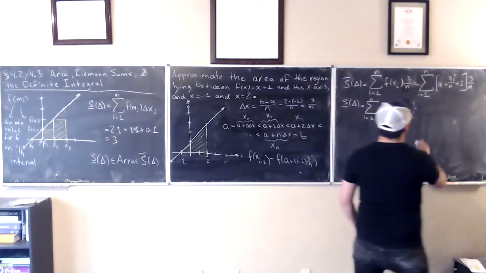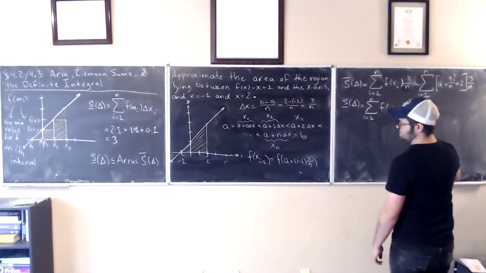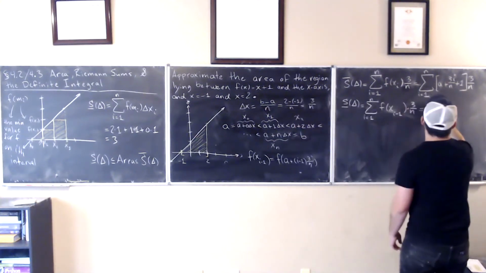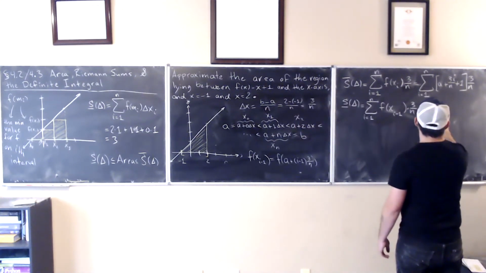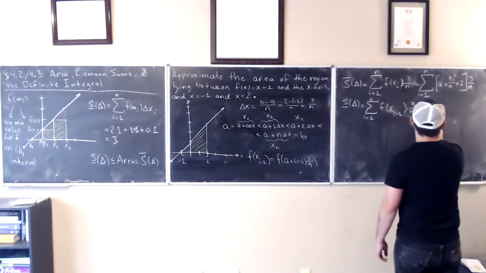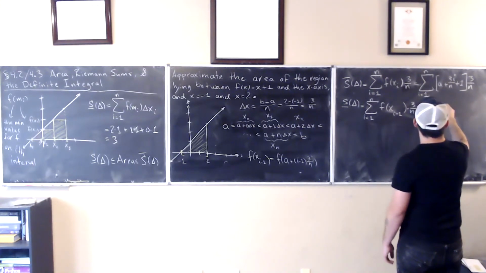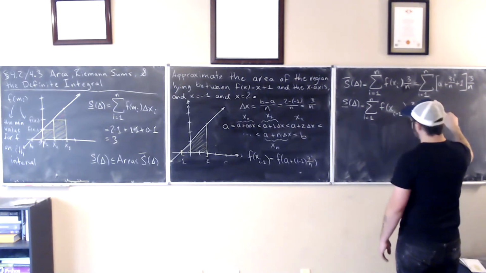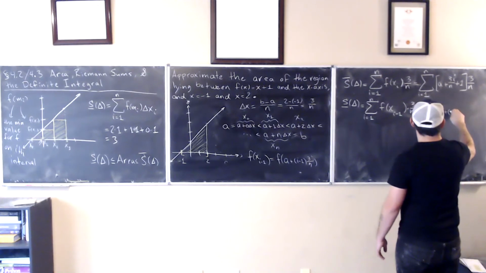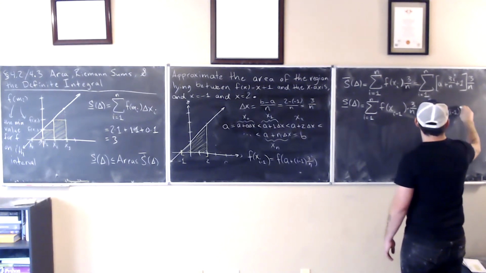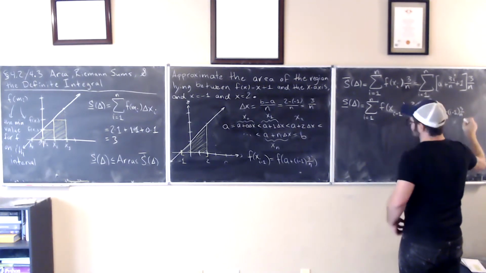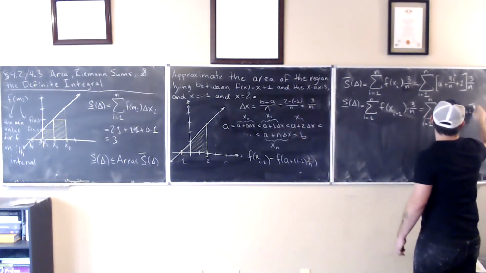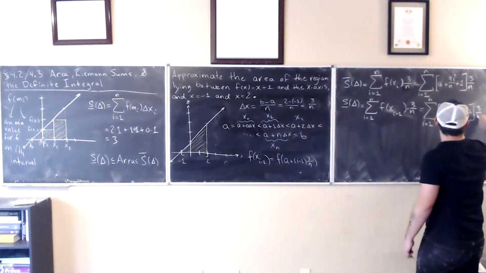So if we plug that in, we get the sum from 1 to n of a plus i minus 1 times 3 over n plus the 1 times 3 over n.